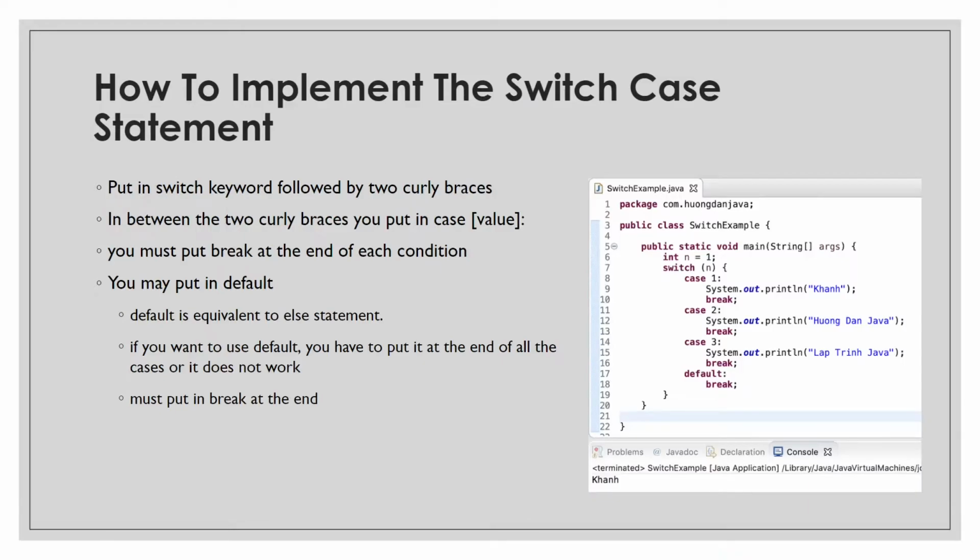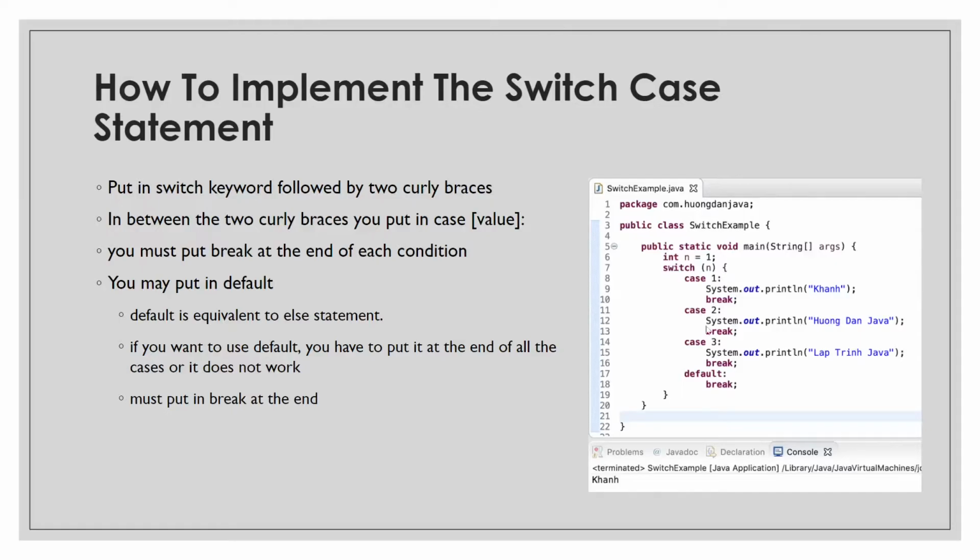So how do you implement the switch case statement? In this picture right here, which is a very good example because it's written in Java, you put in the switch keyword, and between the parentheses you put n, or whatever variable you want as part of the condition.